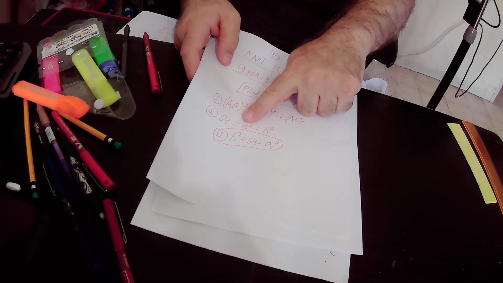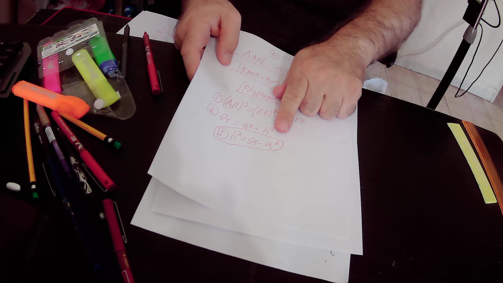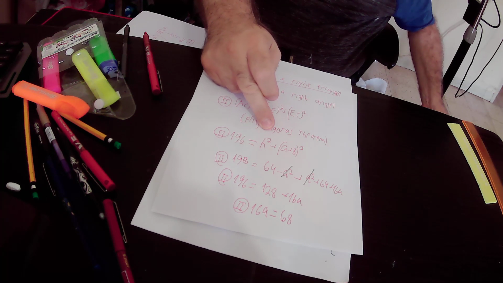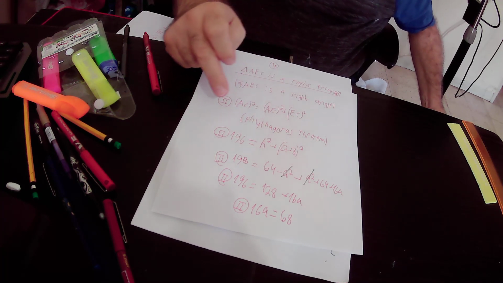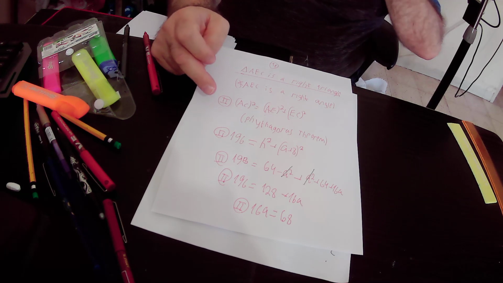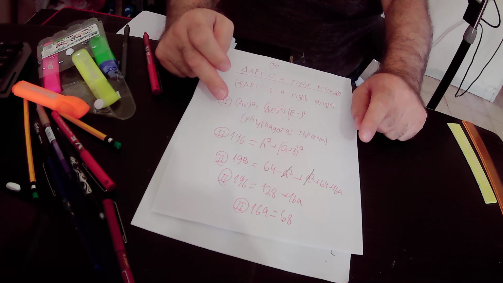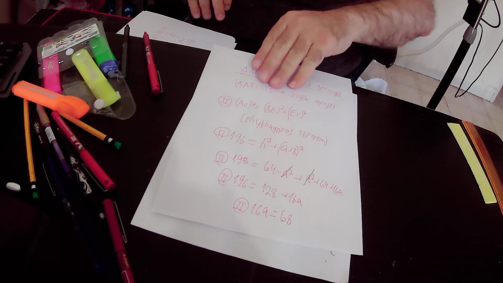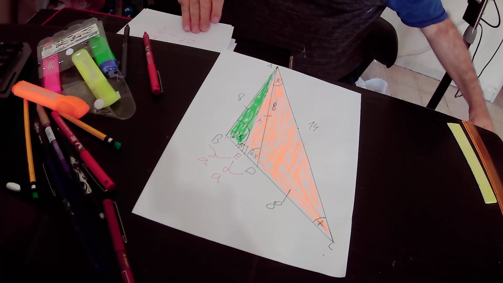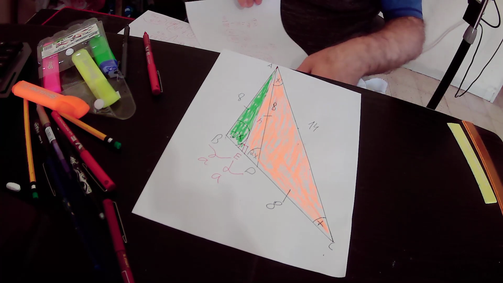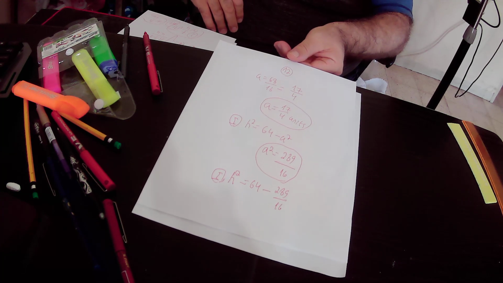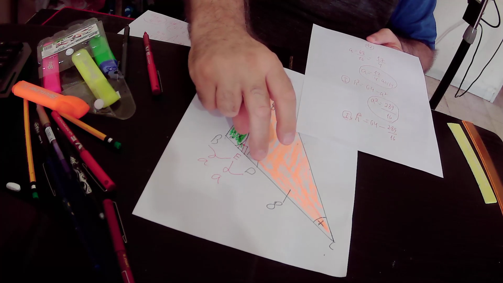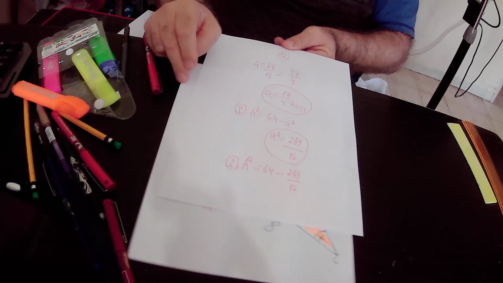So we can substitute H square by 64 minus A square in equation number 2. So instead of H square, we wrote 64 minus A square, and we have only one variable in equation number 2, that is A. So we solved equation number 2, and we found out that A equals 17 over 4 units, so BE is A and ED also is A, it equals 17 over 4 units.